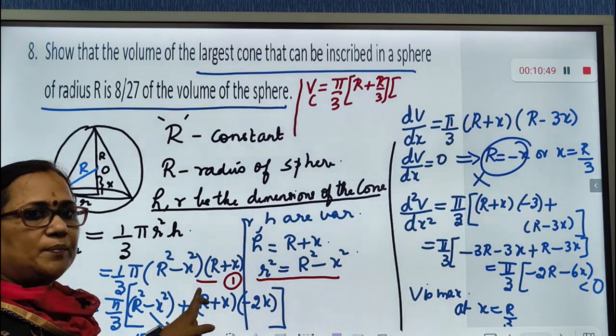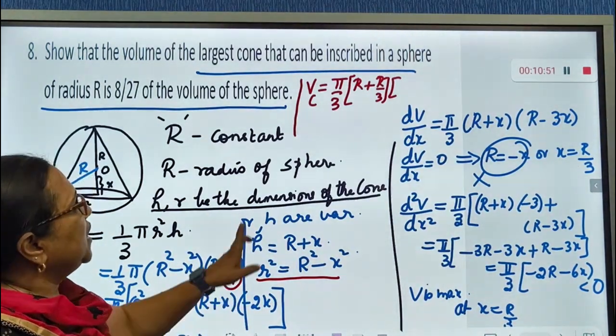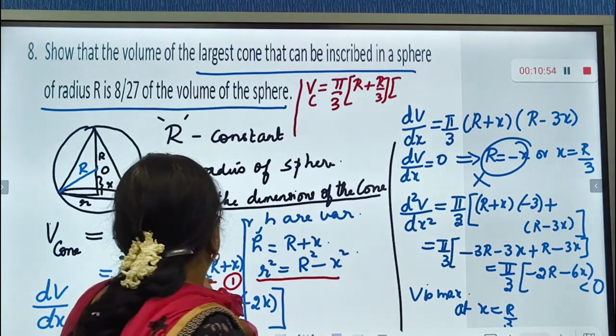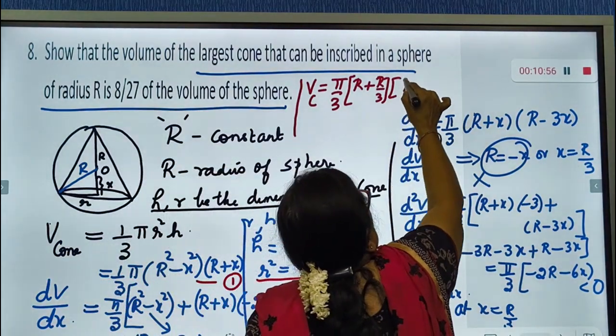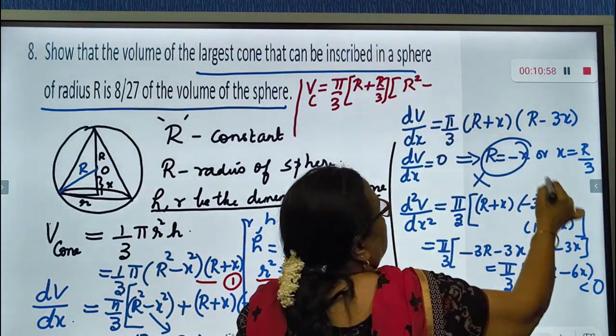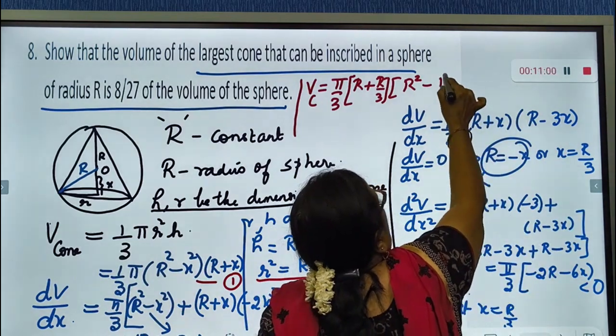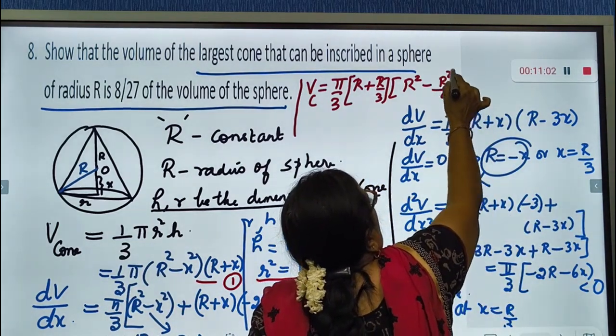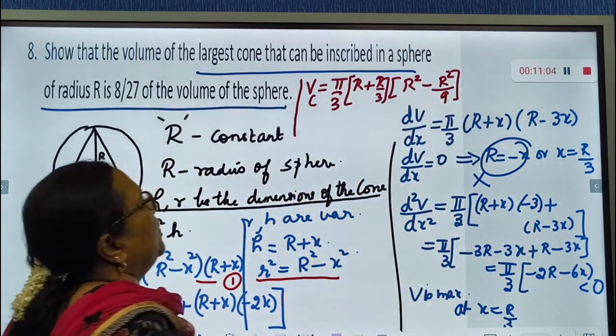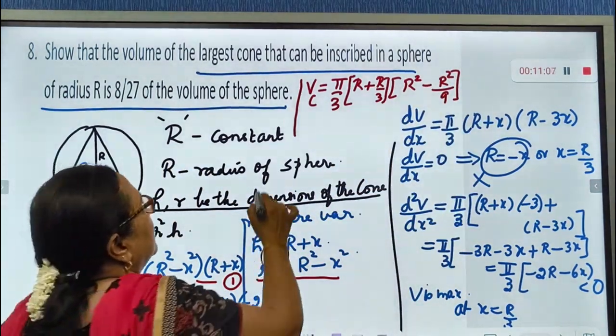Pi by 3 into (r squared minus x squared) into (r plus x). r squared minus x squared will be r squared minus, what is x squared? r squared minus r squared by 9.